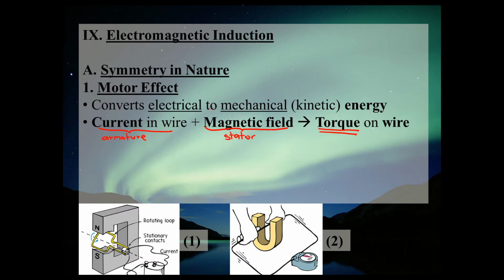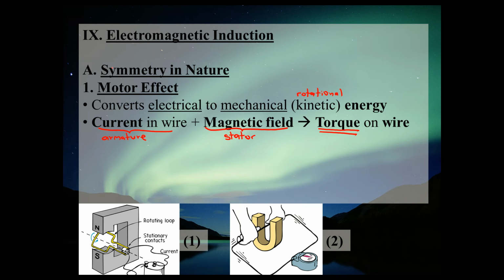So we're taking electrical energy and getting mechanical, specifically kinetic energy out of an electric motor. More specifically, it would be rotational kinetic energy, although we don't have to worry about rotational kinetic energy from a quantitative standpoint in Physics 30.